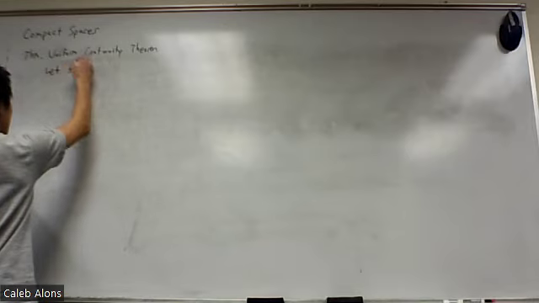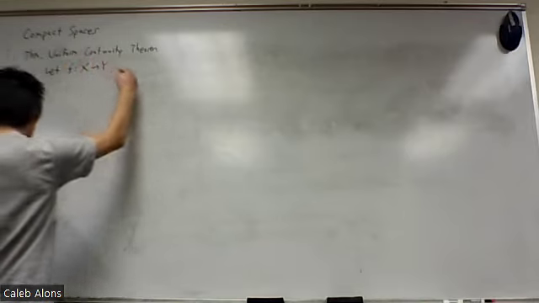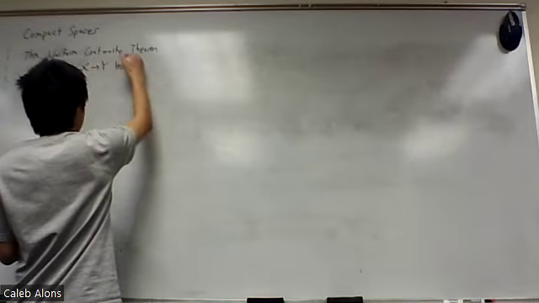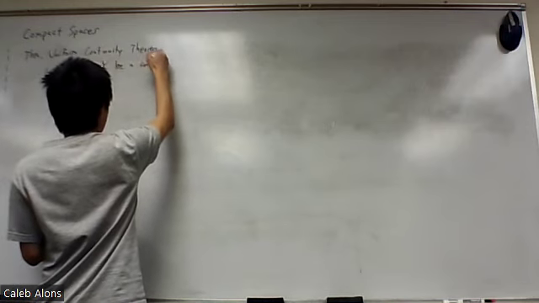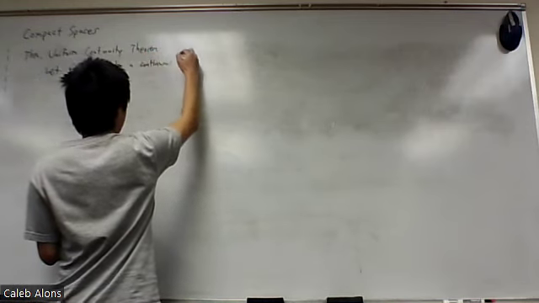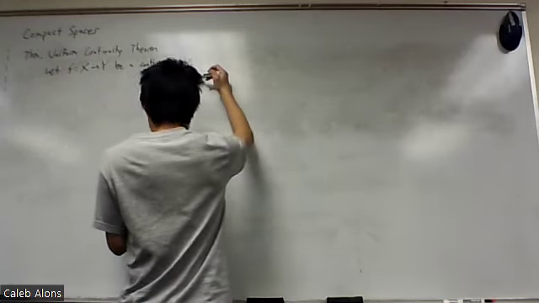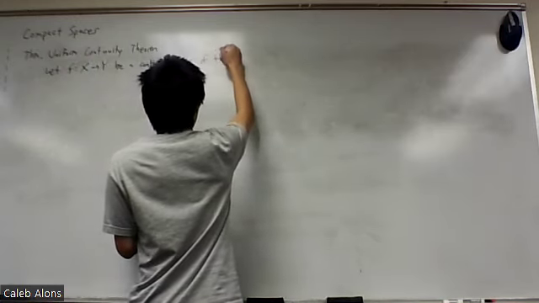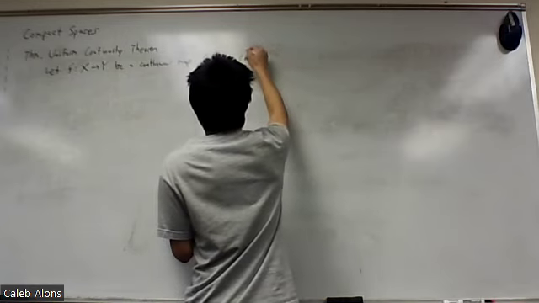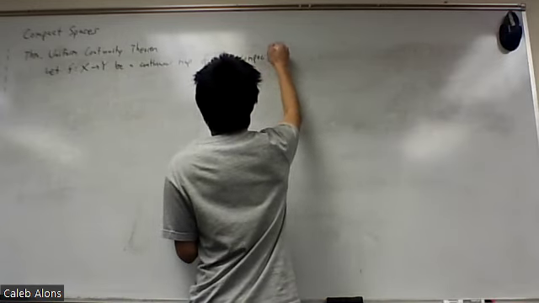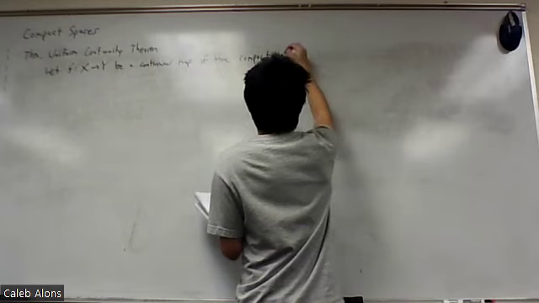Let f: X → Y be a continuous map of the compact metric space. And now the word salad just gets longer the more words we learn. Compact metric space.